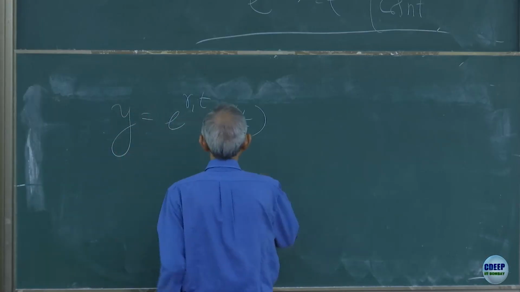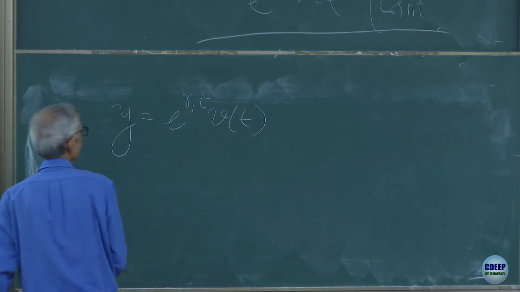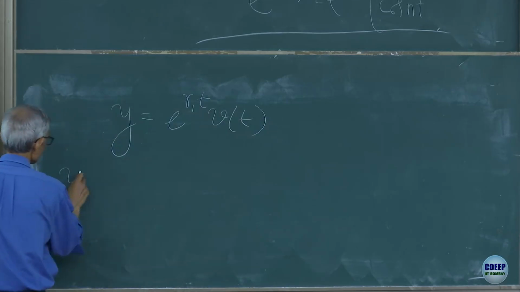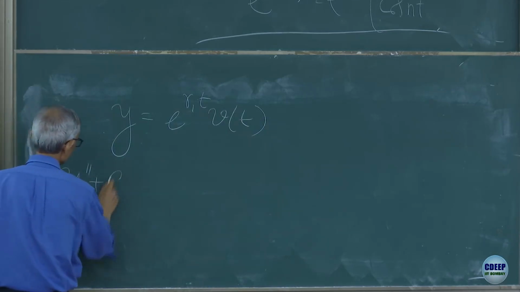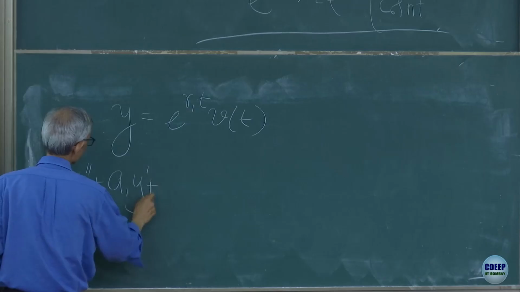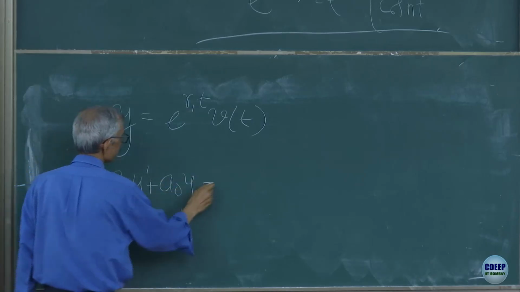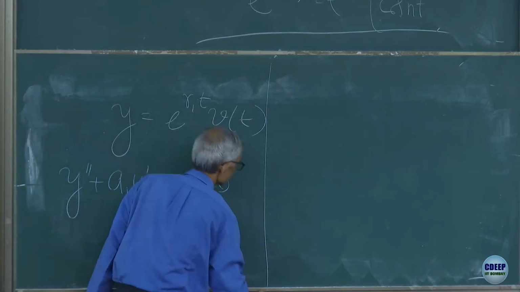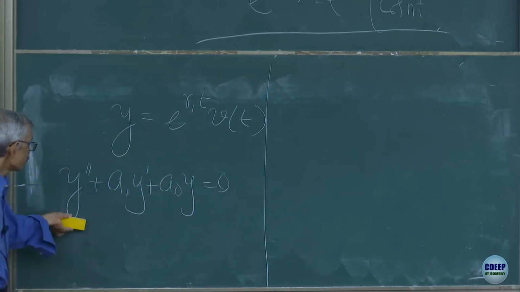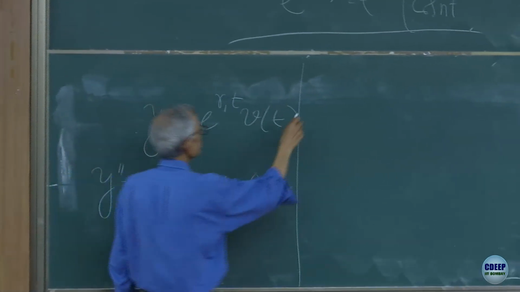Alright, so y is e to the power of r1 t times v(t), and our original equation is y double prime plus a1 y prime plus a naught y is equal to 0. Okay. So we go ahead and get these numbers.